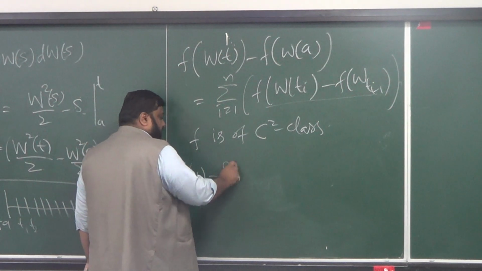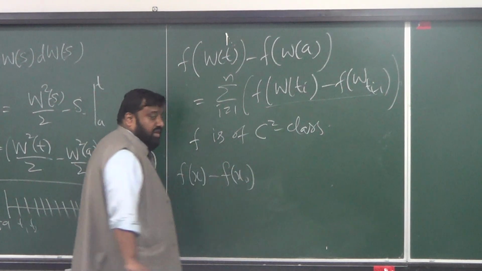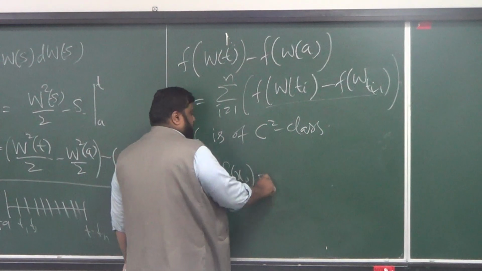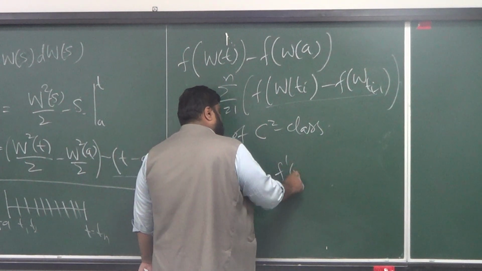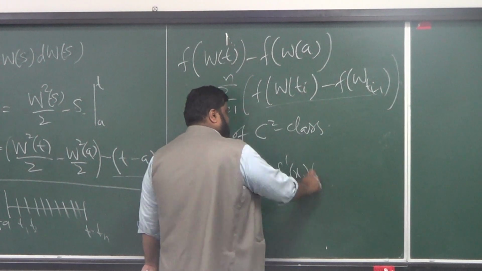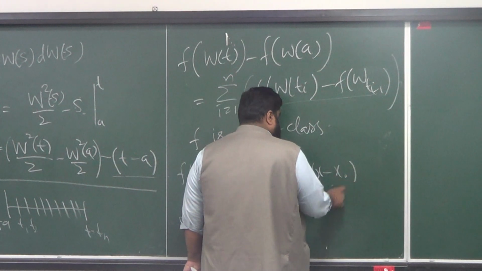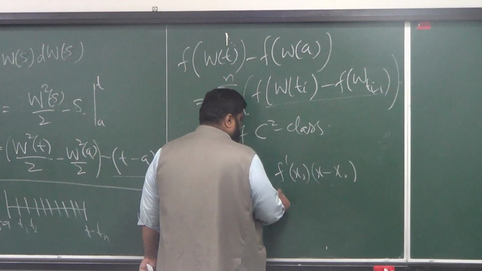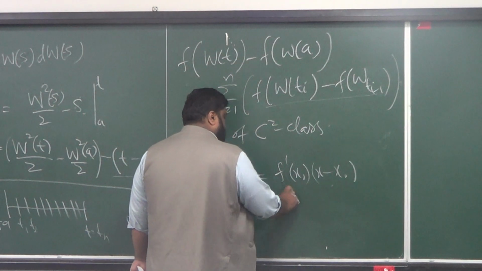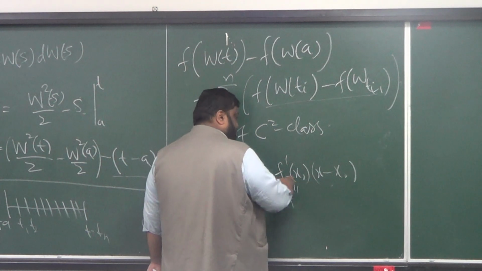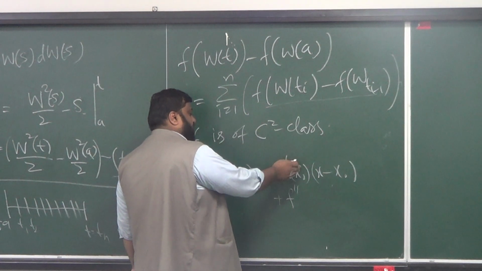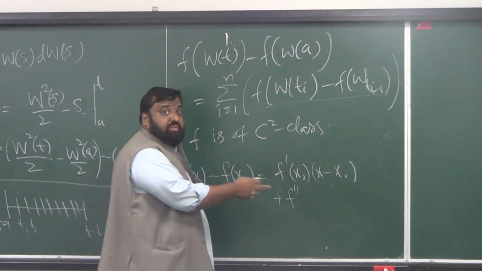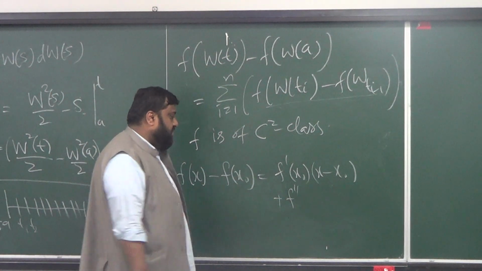It's going to be f of x minus f of x naught, equal to f prime of x naught times x minus x naught, plus f double prime. If you want to truncate your expansion up to the first order term, then you need to write the remainder term. And how is the remainder term going to look?